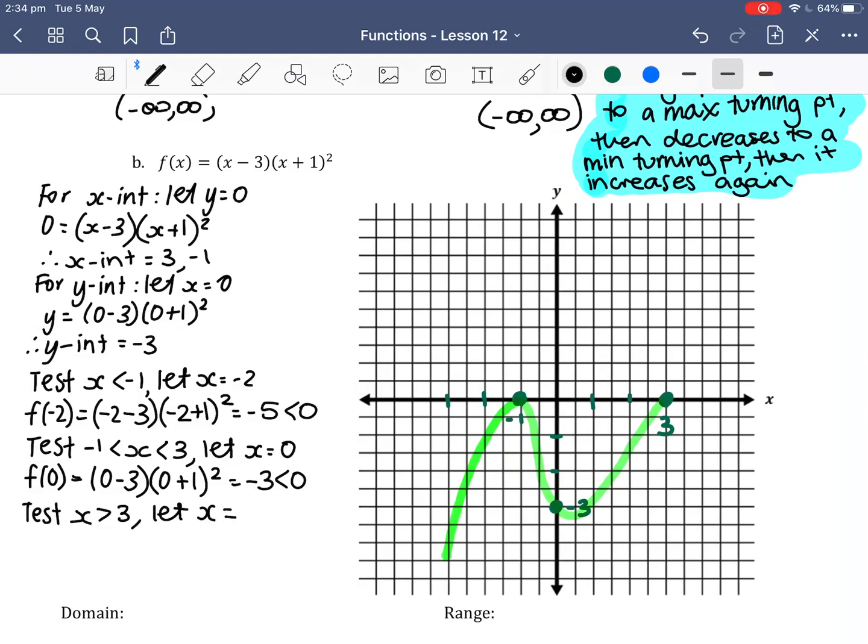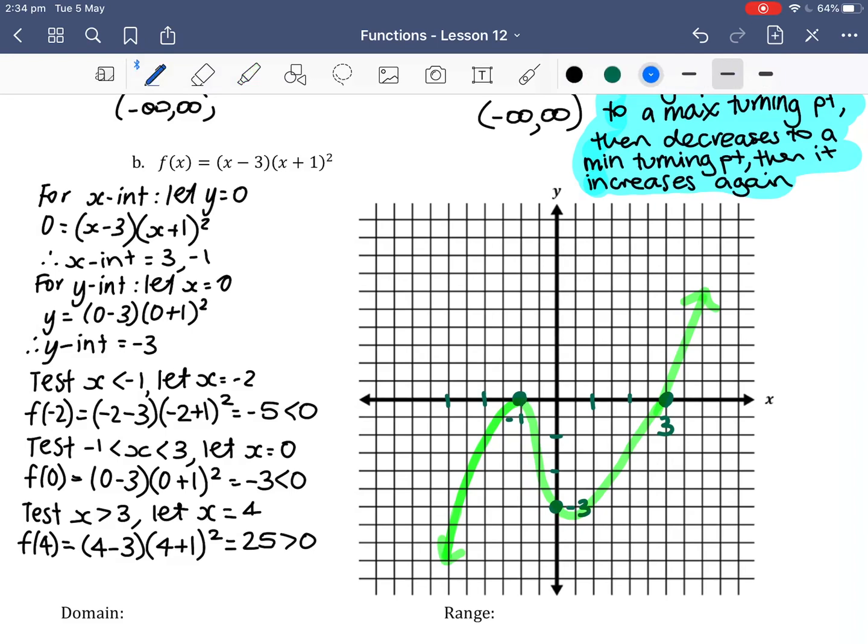So we let our x equal 4, sorry. So we sub in 4. So 4 minus 3 and 4 plus 1 all squared equals 25, which is greater than 0. So that means our graph goes above the x-axis like so.